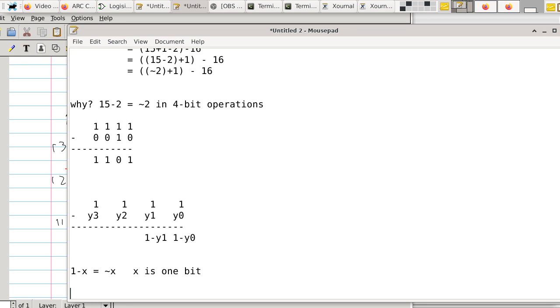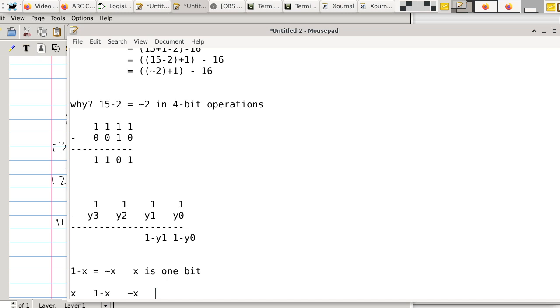Yes? Truth table, very good. This is why we like binary stuff or Boolean stuff, because you can use a truth table to prove a lot of things. Not everything, but a lot of things. So we have the truth table having 1 column for x because x is the only variable in this case. We have 1 minus x as 1 column, and then we have bitwise not of x as the other column.